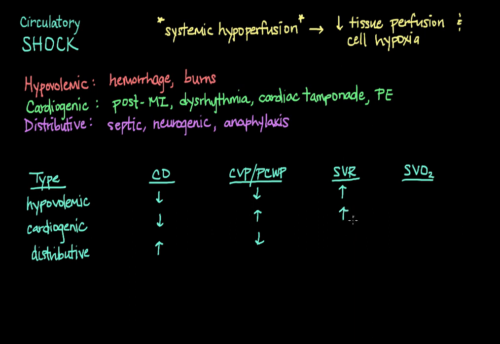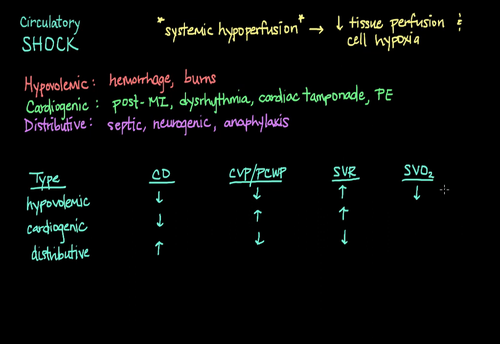And then in distributive shock, remember there's systemic vasodilation, so dilation of all the vessels, and so the systemic vascular resistance will be decreased. And finally, on to the systemic venous oxygen saturation. In hypovolemic shock, the SVO2 will be decreased, meaning the leftover oxygen in the blood that's returning to the heart is going to be lower than normal.